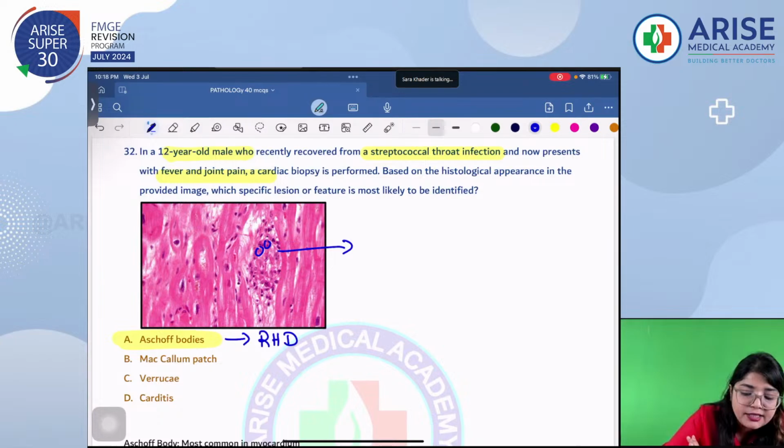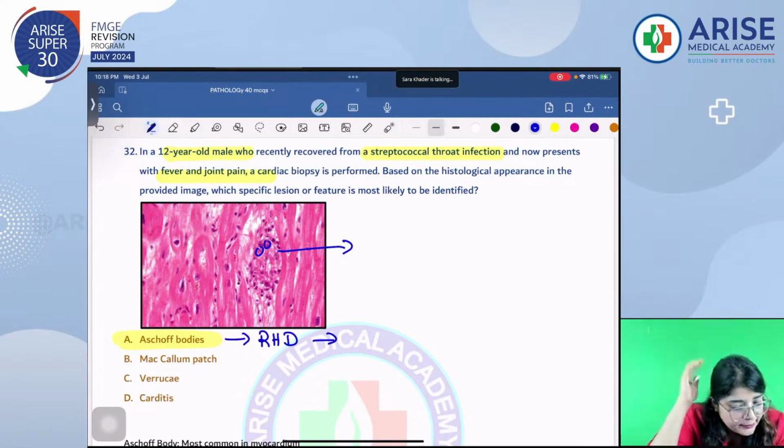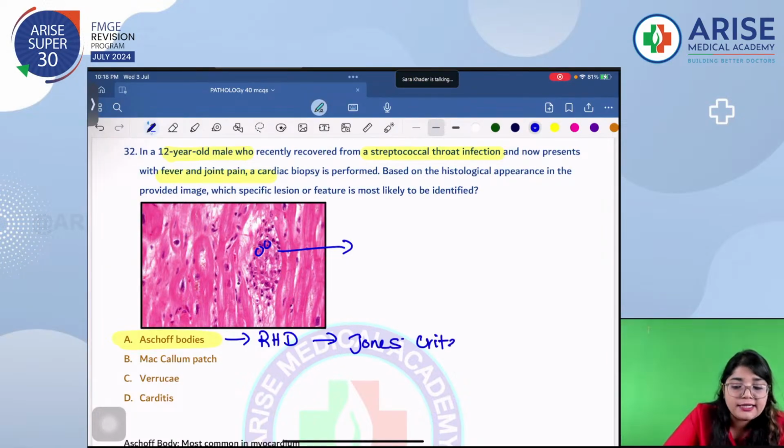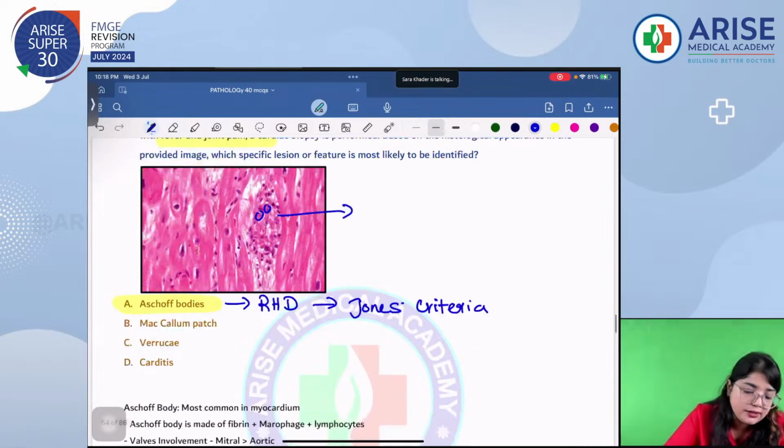Okay, RHD. And what is the criteria in RHD? Can anybody tell me what is the criteria in RHD? Jones criteria. Very good. Okay, Jones criteria. Duke's criteria is in infective endocarditis.